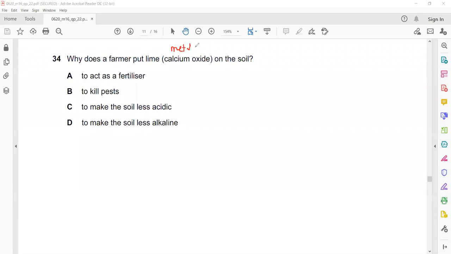It is to neutralize, to remove the acidity of the soil. It is not a fertilizer, because it does not provide NPK. It is not to kill the pest. It makes the soil less acidic, because it reacts with acid and makes it neutral.